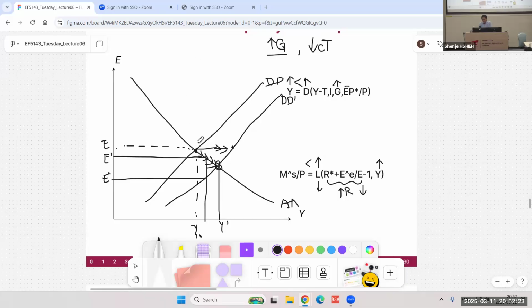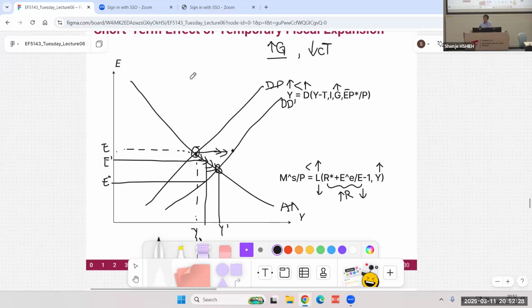So let me say that again. We were here, nothing happened yet. Government decides, hey, let's give everyone a tax cut. Cool. A tax cut is going to decrease T, which means disposable income increases, which means aggregate demand is going to increase. Y is going to want to increase over time.